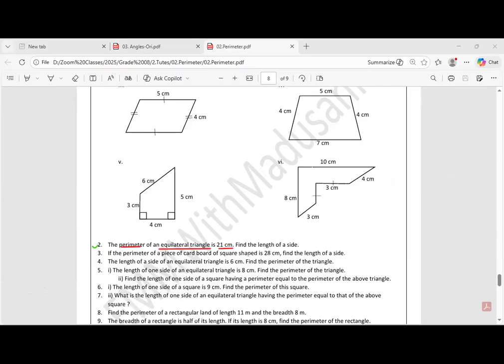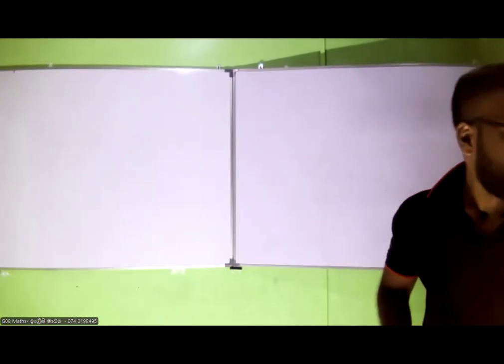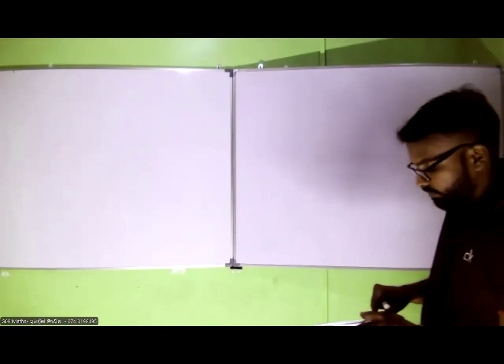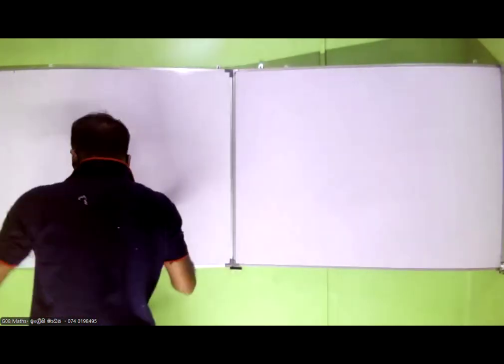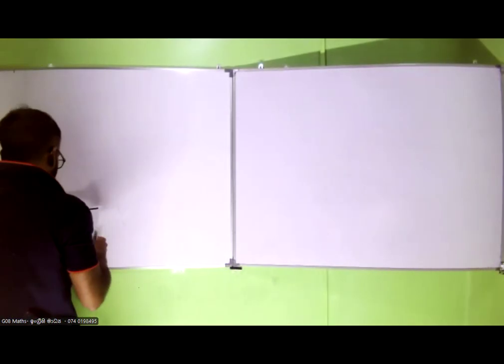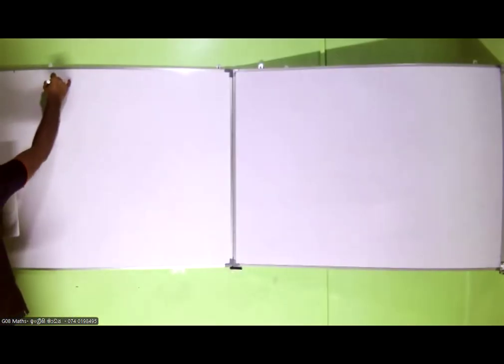I will come back to the board, and I will do it on the board. So you know how to do that easily, but look at the board. It is from the big set size.